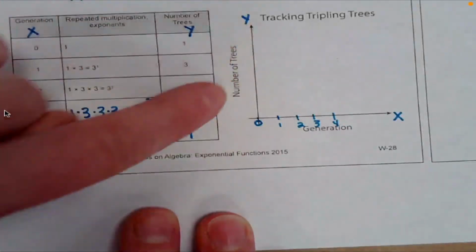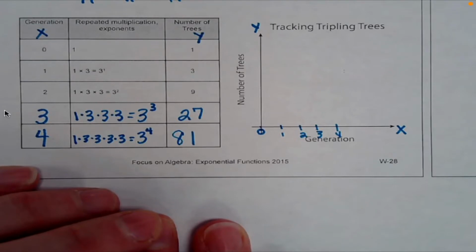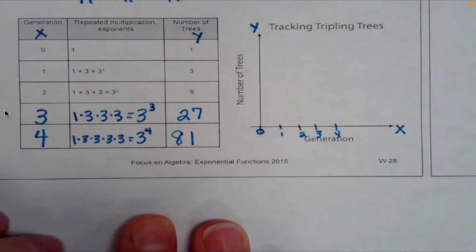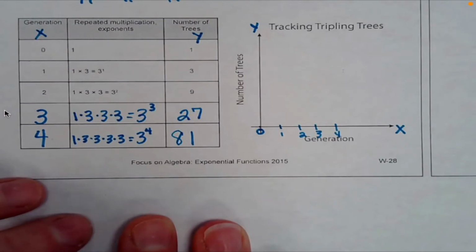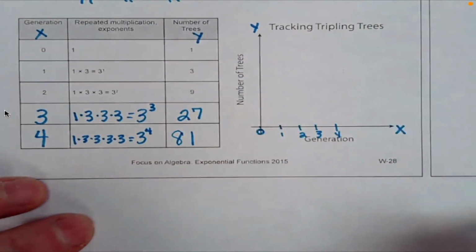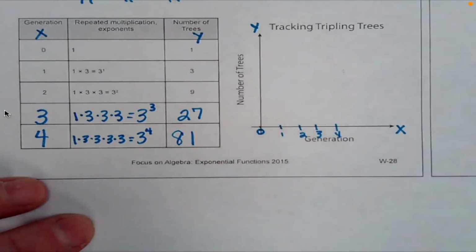Now we've got to do the scale on the y-axis. We've got to be able to put everything from 1 to 81. So what should we go by? I'm not going by ones. 3s, that's still going to take a long time. 5? 10s?